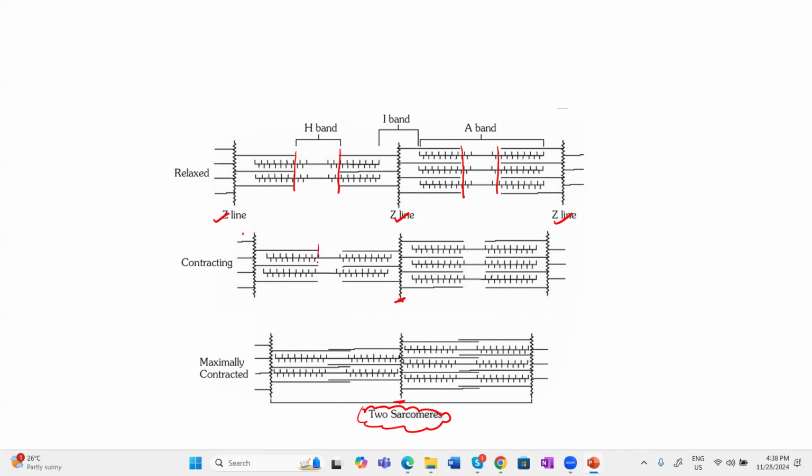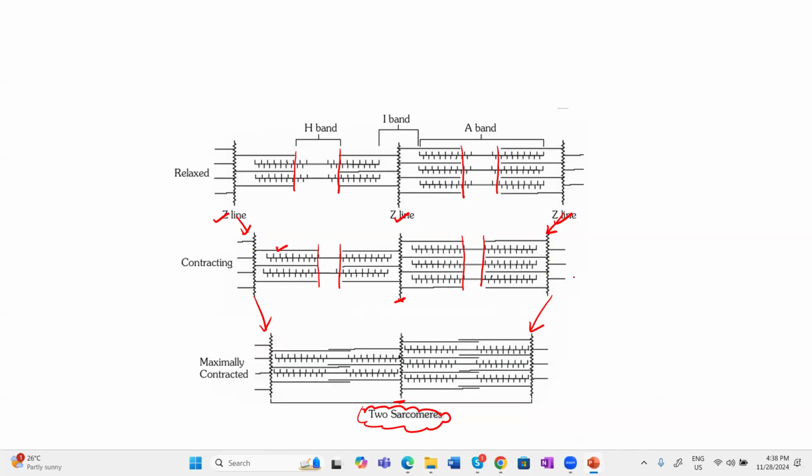So see, this H zone is decreasing. Why is the H zone decreasing? Because the thin filament is sliding over the thick filament. And check, the Z line is moving inside. So this is the sliding filament theory.